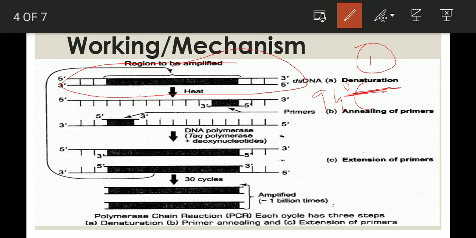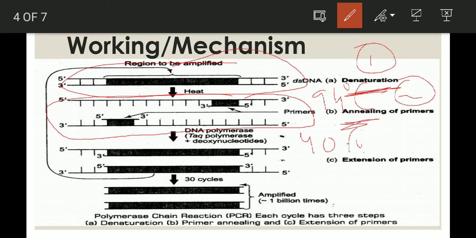Then the second step is known as annealing. Annealing means joining. You can see that the DNA template is properly separated out. Now these two separate DNA strands will join together at a low temperature, 40 to 60 degrees Celsius.